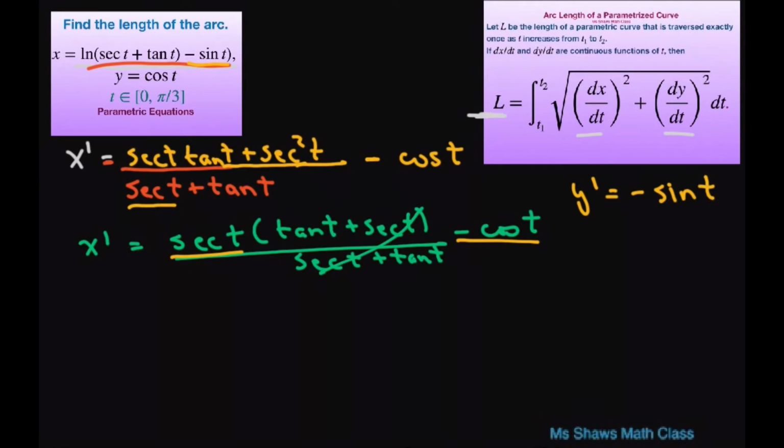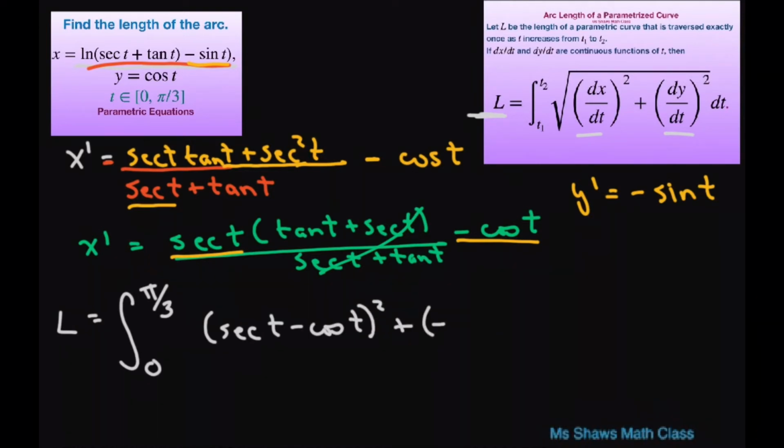So let's start substituting in our formula. Our length is going to go from 0 to pi divided by 3. And we have the square root of secant of t minus cosine of t squared plus negative sine of t squared.